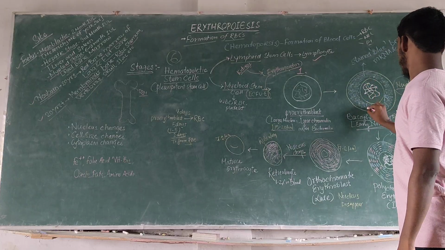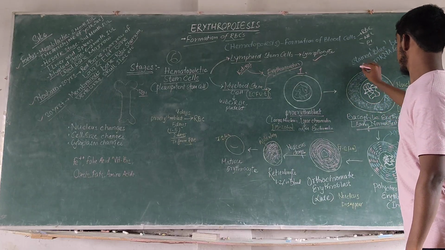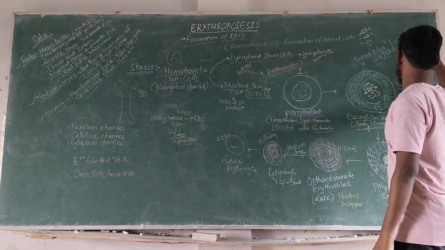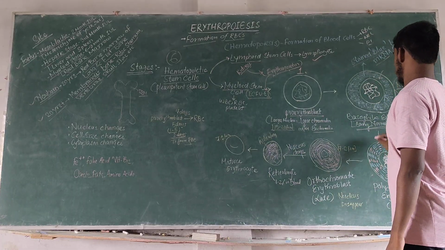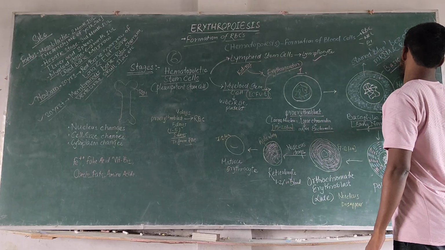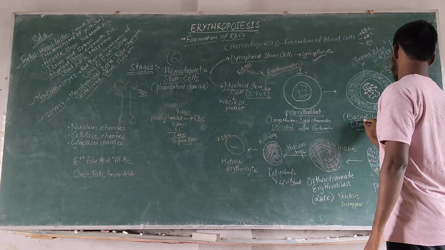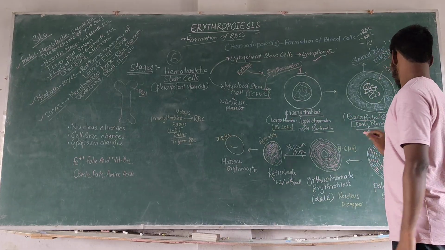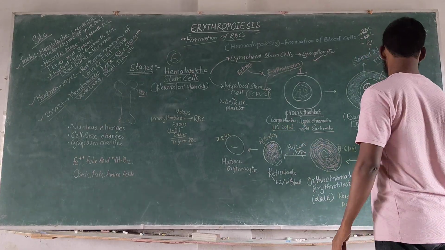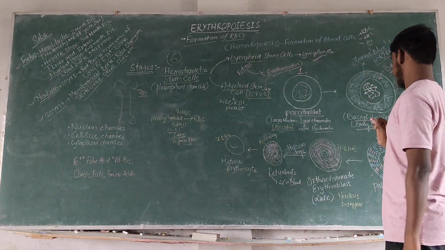And the bluish part you can see is basically stained blue because of the mRNA and RNA present in this, and the nature is basic. That's why it is known as basophilic erythroblast. The size reduced from 20 to 12 to 18 micrometer.